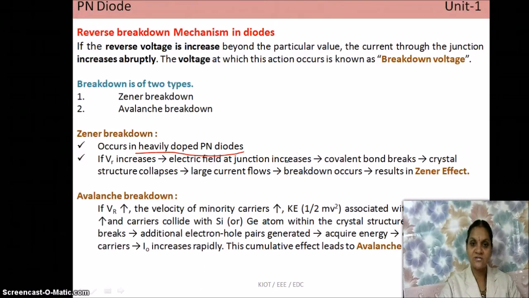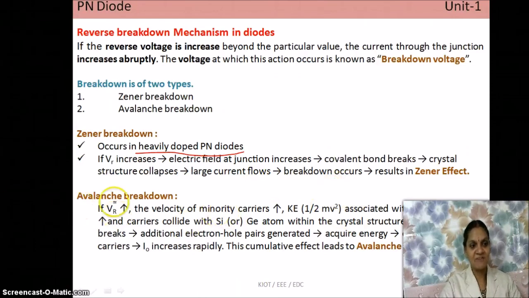All those electrons are responsible for current conduction. So current flow increases drastically. This large current flow results in breakdown of the diode, because once the crystal structure collapses, the atoms will not exist, so the semiconductor will not exist. So the entire diode will not exist, and the diode is said to be in breakdown condition. So this is Zener breakdown.